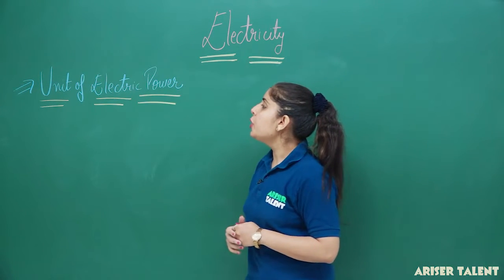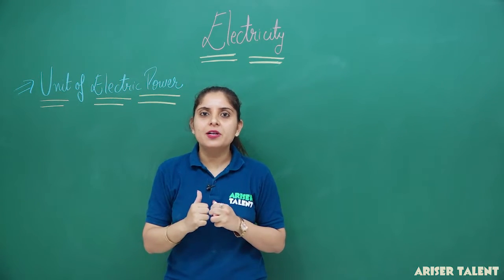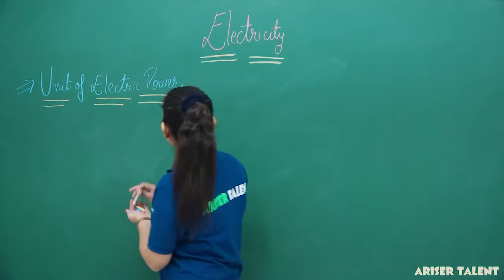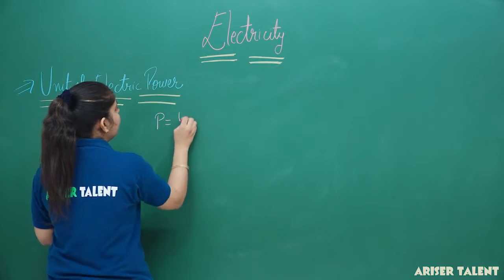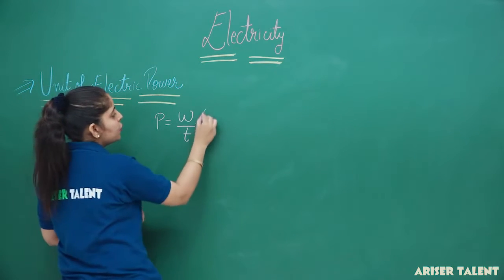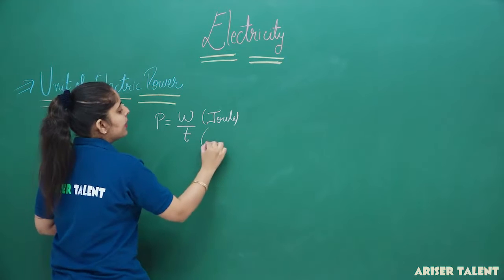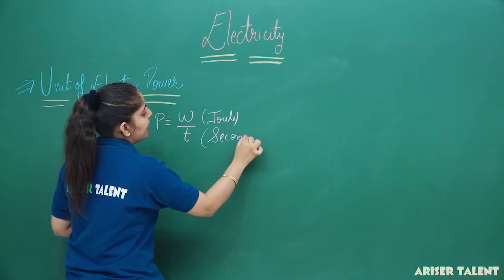So the unit of electrical power will be defined by the power, which is defined as work per unit time. So we have a formula here: power is equal to work upon time. Now work is actually a form of energy, so it has the unit joule. Now time has a standard unit, that is second.